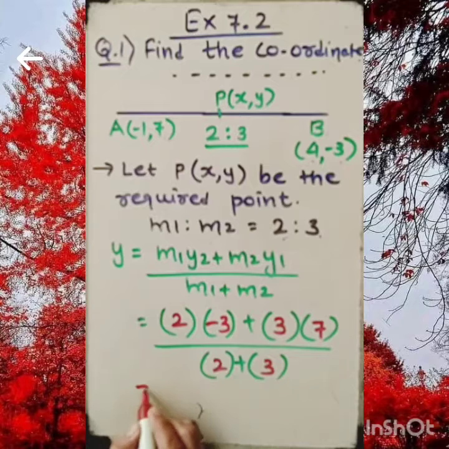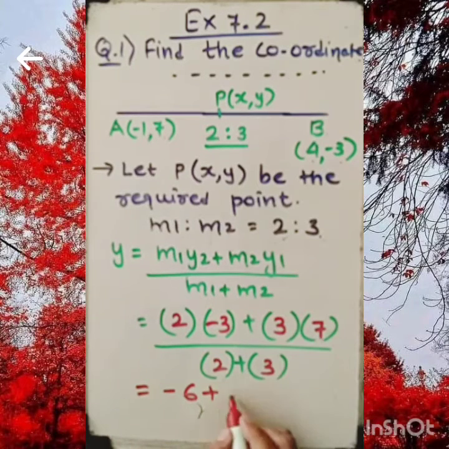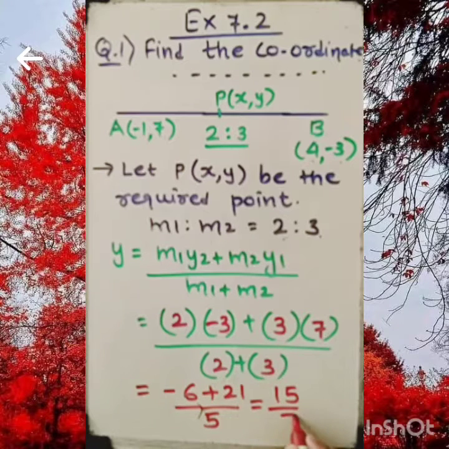So let me simplify now. 2 times -3 is -6, 3 times 7 is 21, and 2 plus 3 is 5. 21 minus 6 gives 15. 15 divided by 5, the answer is 3.